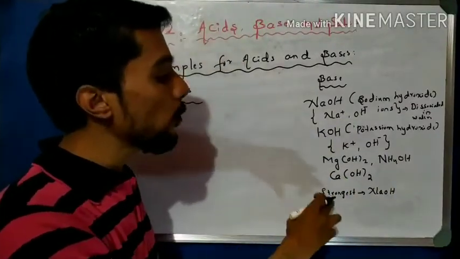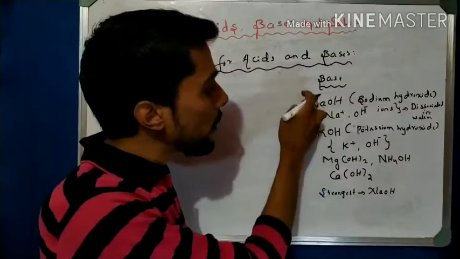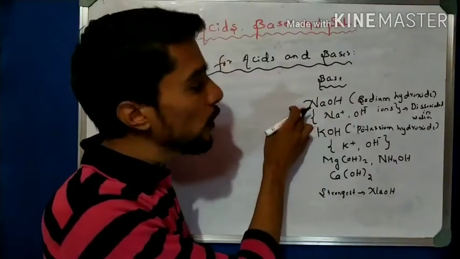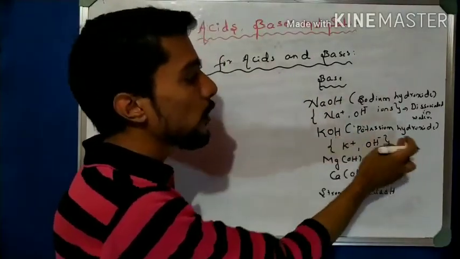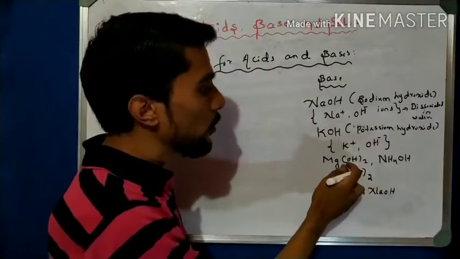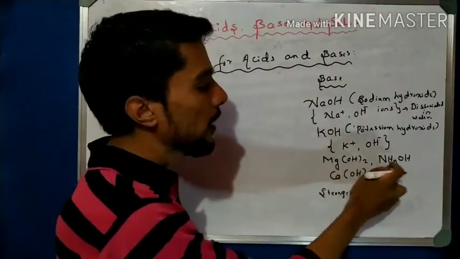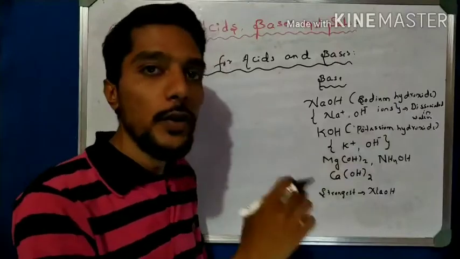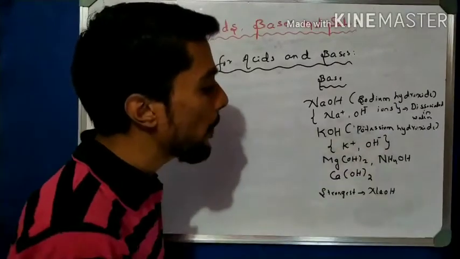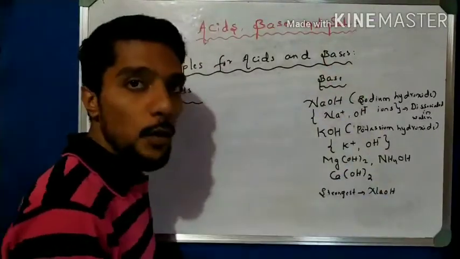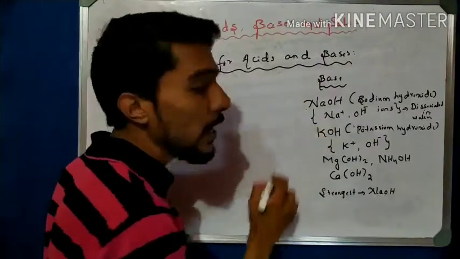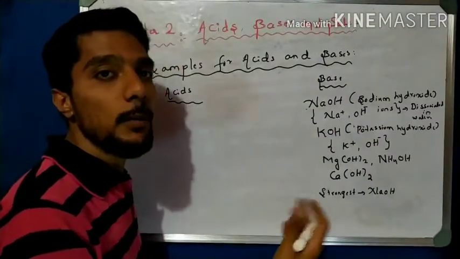NaOH gives OH minus ions, KOH also gives OH minus ions, Mg(OH)2 also gives OH minus ions, and NH4OH also gives OH minus ions. But as we compare them, sodium hydroxide gives more OH minus ions.